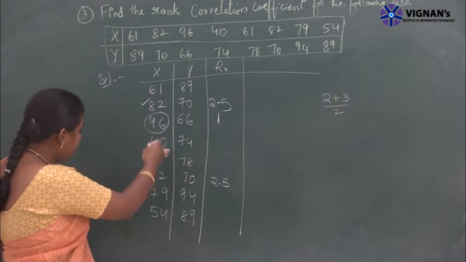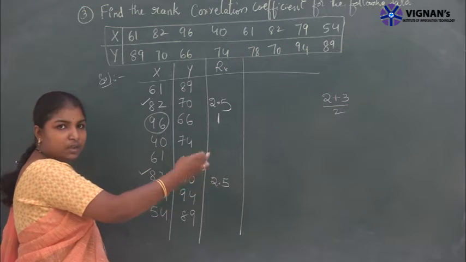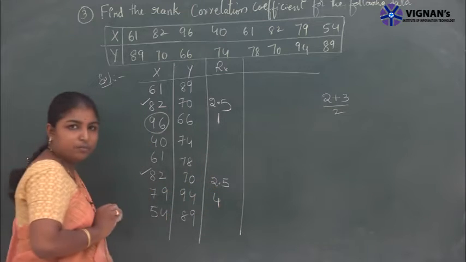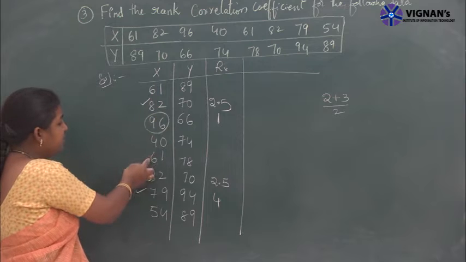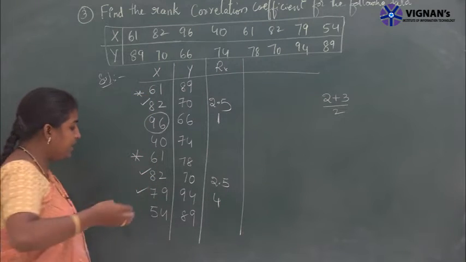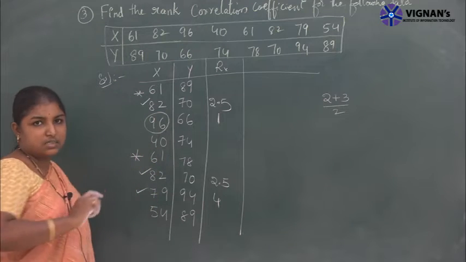Next maximum value is equal to 79. The next rank, 2 and 3 already completed, so we are giving 4. Next, after this one again we are having 61 and 61. 61 and 61 is also repeated 2 times, so it is in the place of 5th and 6th place.